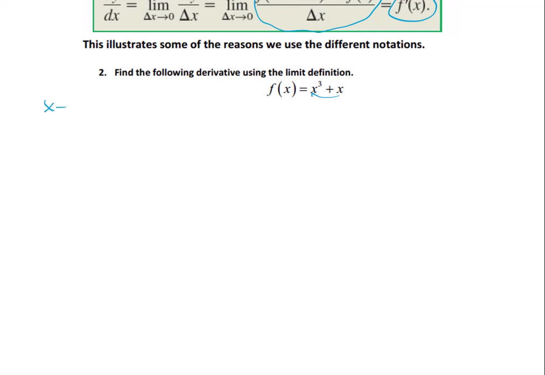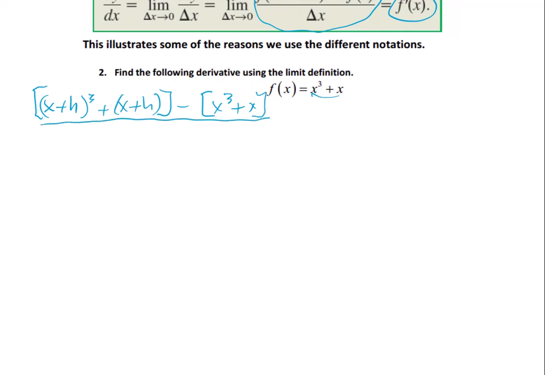So I've got x plus h cubed plus x plus h. That's my y2 minus x cubed plus x. There's my y1. All of that's over h, and we're wanting the limit of this thing as h approaches 0.